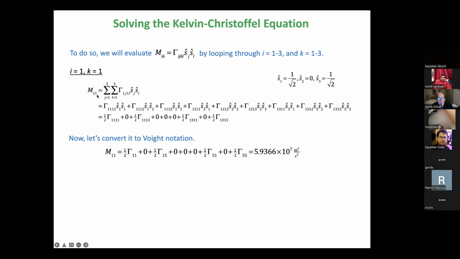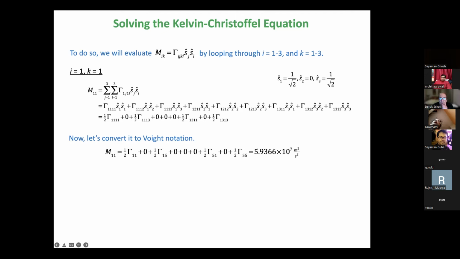So M_11 is going to be the summation of j equals 1 to 3 and the summation of l equals 1 to 3, gamma_1j1l s_j s_l. And now we have 9 terms here, so we will write out all 9 terms. So that equals gamma_1111 s_1 s_1, and so on.